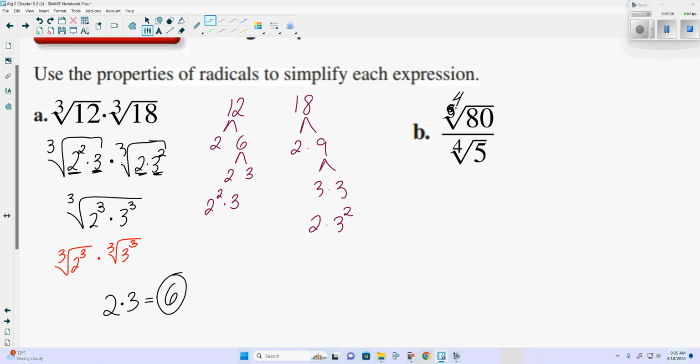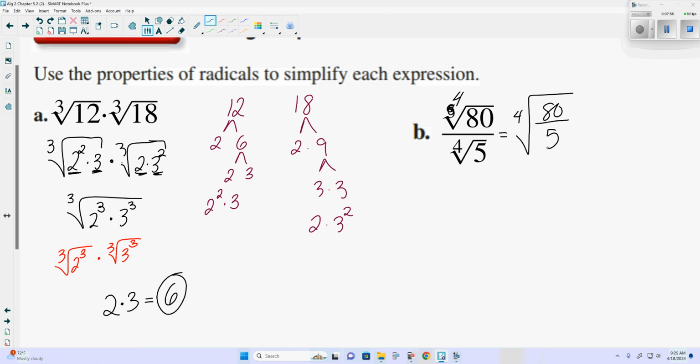Thank you. So, we good so far. And thank you for pointing that out. Now, since they're both to the 4th power, 80 over 5, can we divide that? Yes. One of our properties stated if we have the same root on top and bottom, I can rewrite this as 4th root of 80 over 5.